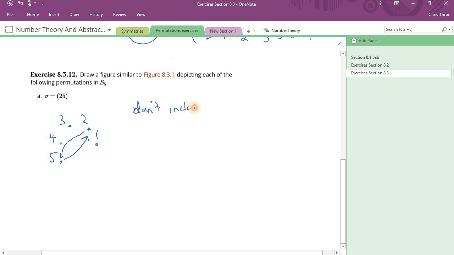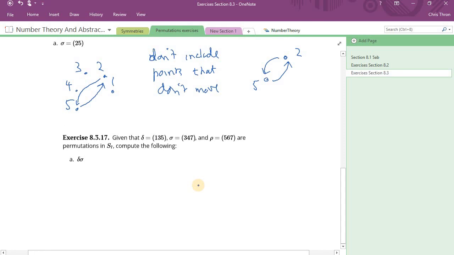Don't include the points that don't move. All right, so we can just do it this way. 2 goes to 5 and 5 goes to 2. And that's all. It's actually called a 2 cycle or a transposition, right? And the other ones will be similar.